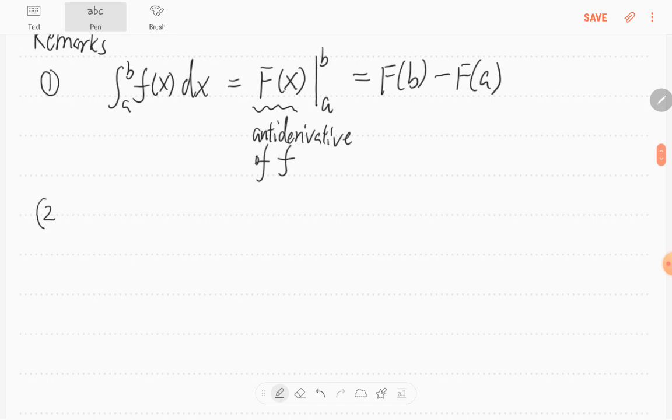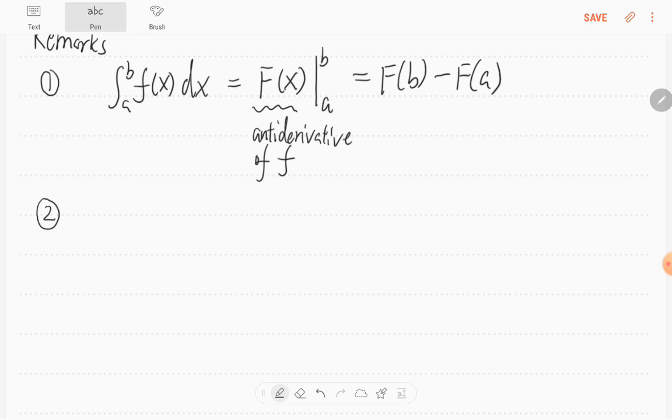Second remark: we know that we have infinitely many antiderivatives for the lowercase f, and the only difference between the antiderivatives is the constant. But when you do the evaluation, you can just ignore this constant c.